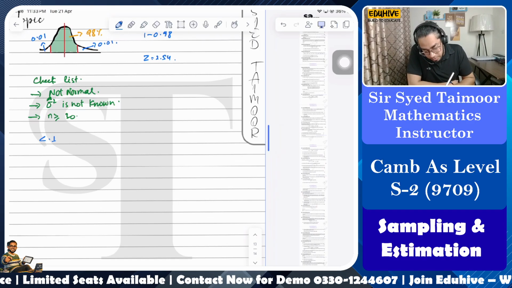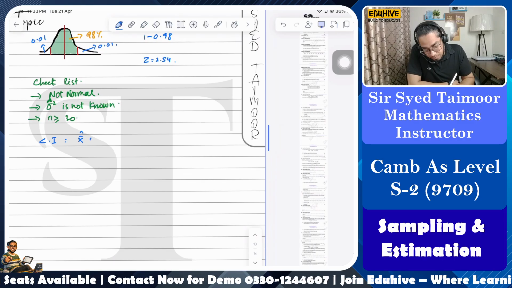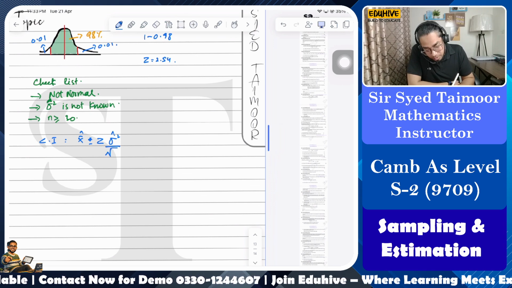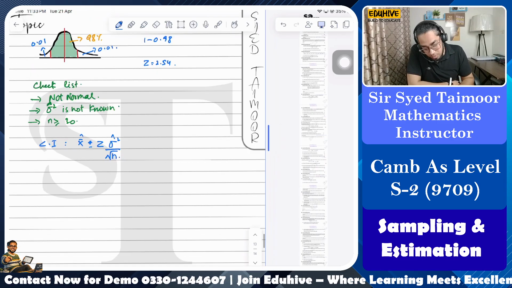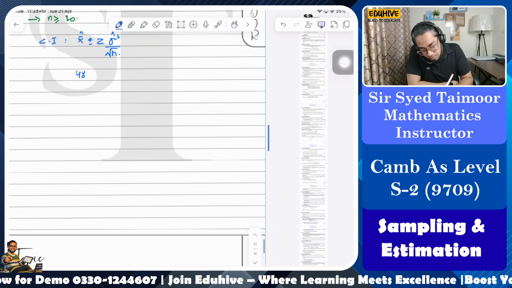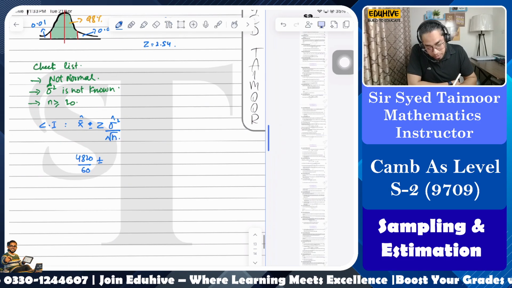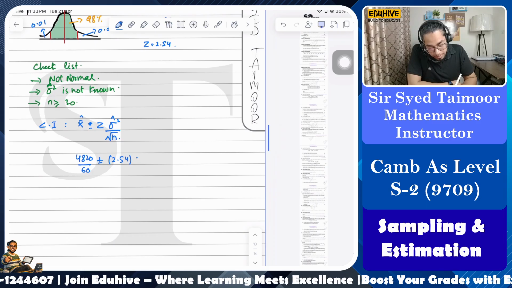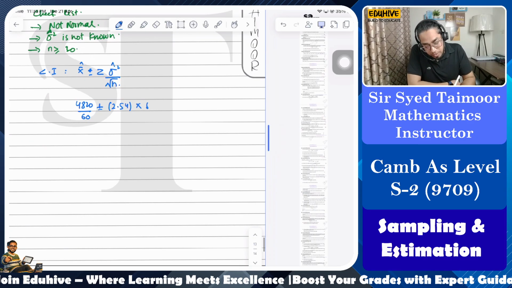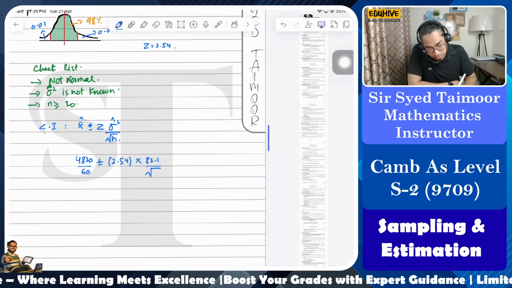So the confidence interval will be having estimated mean plus minus the estimated variance divided by under root of n. So x bar is exactly 4820 over 60 plus minus your z is 2.54 and sigma square we calculated 82.1 divided by under root of n.